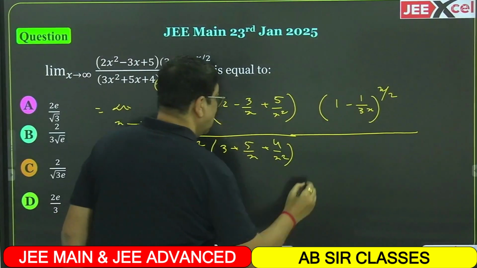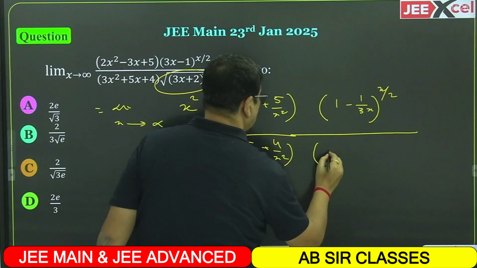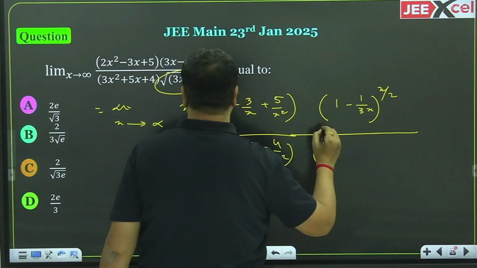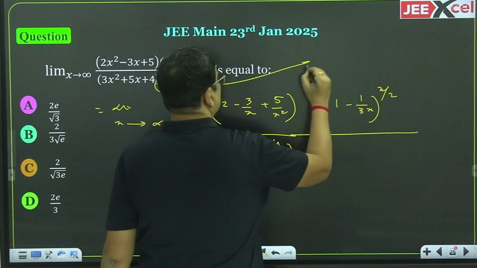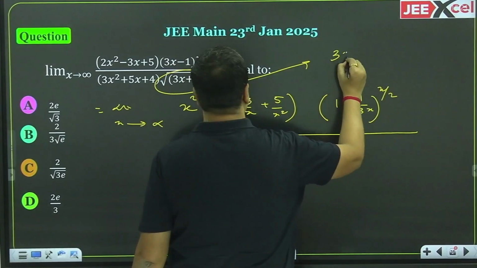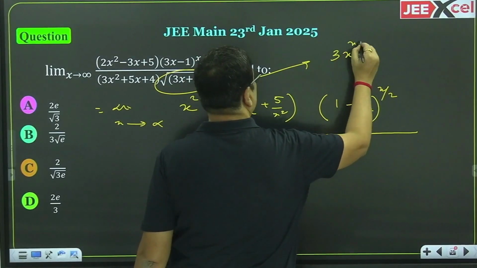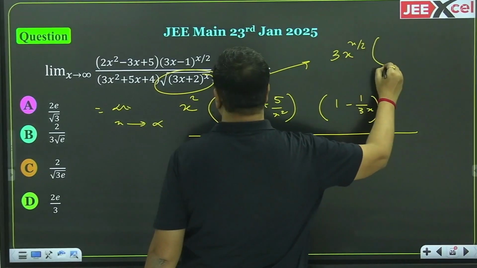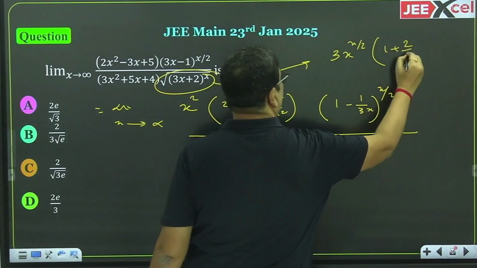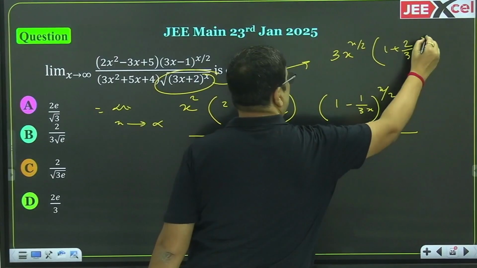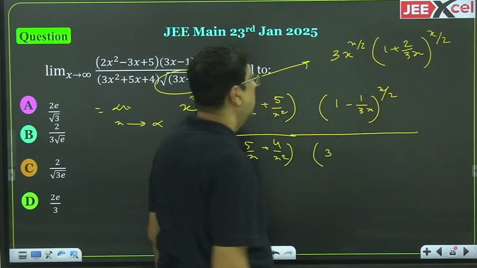If I take 3x whole to the power x by 2 common, it is getting 1 plus 2 by 3x whole to the power x by 2.